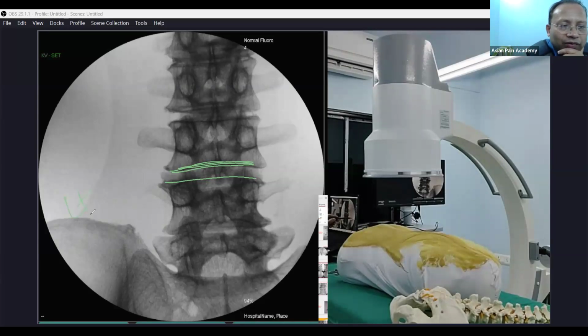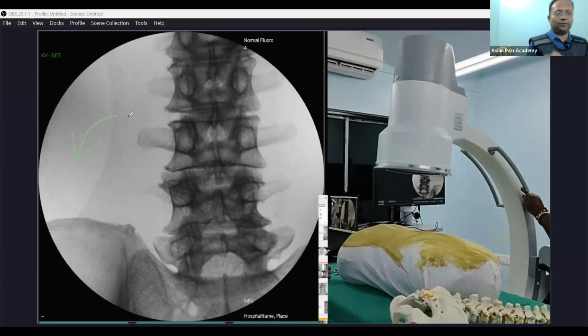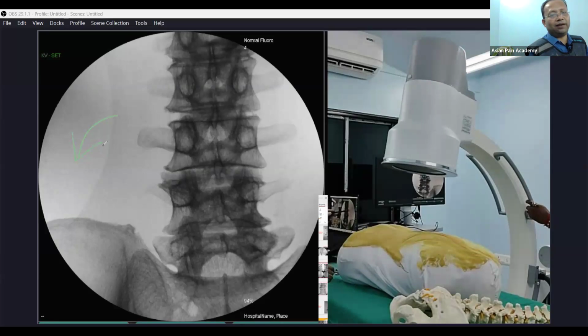So if I am going for left L3 facet joint intervention, now one or two important things. So true AP view has been done. Now last step, fifth step, is to get a Scotty dog view. So for left L34 we will make an ipsilateral oblique. So do it. We will see the left Scotty dog clearly.